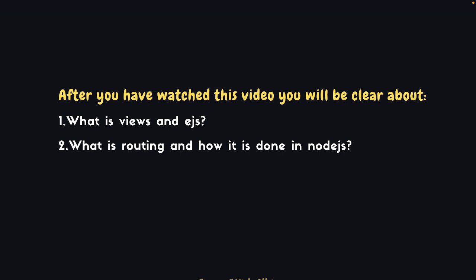Then what is EJS now? Okay, so EJS also means user interface itself. But the thing is that whatever content you want to display in your web application which you have developed using Node.js will all be EJS files. Means the content that you display on the user interface is nothing but an EJS file.